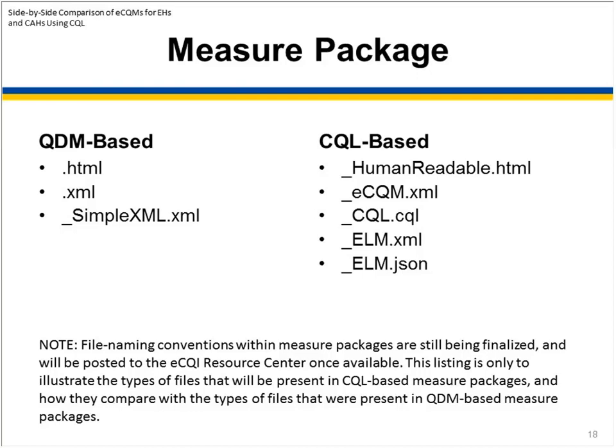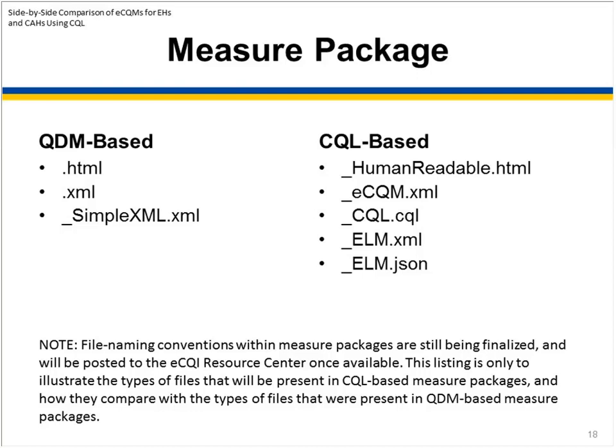But now it references the CQL, which is a library containing the expressions that the measure uses, and the ELM, expression logical model, which is the machine readable. So this is the analog of the simple XML, and this we produce in both XML and JSON formats.